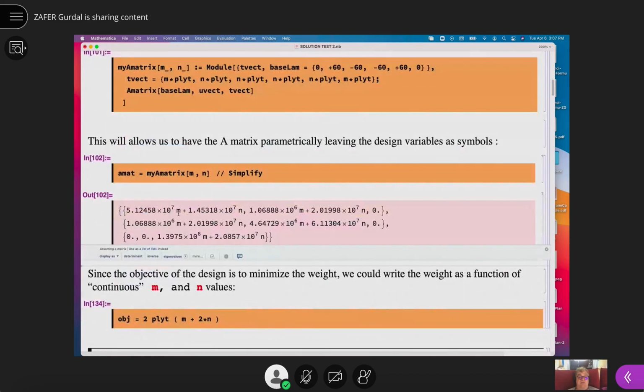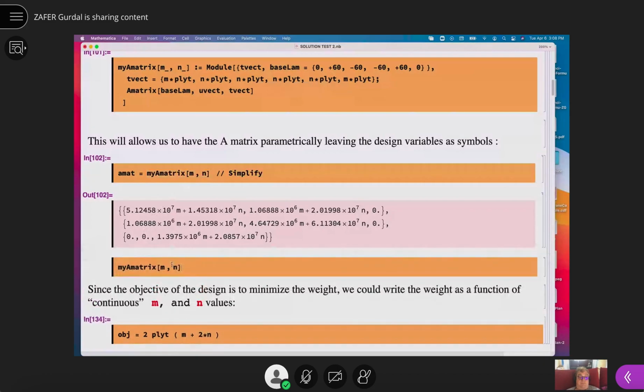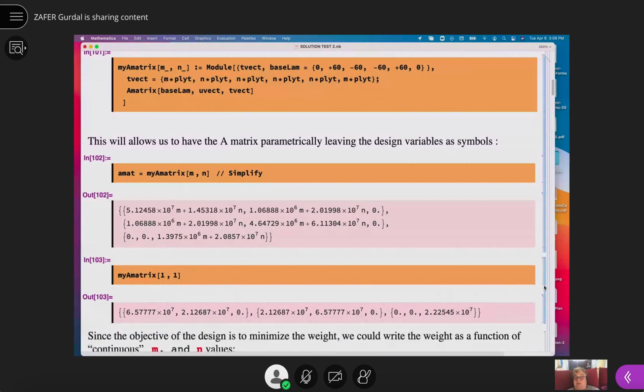So this is A matrix as a function of M and N. So if I were to type 1 and 1, this would have been the A matrix for M equals 1, N equals 1, all numbers, okay? But right now this wasn't assigned to anything, so I'm just going to actually delete this line.